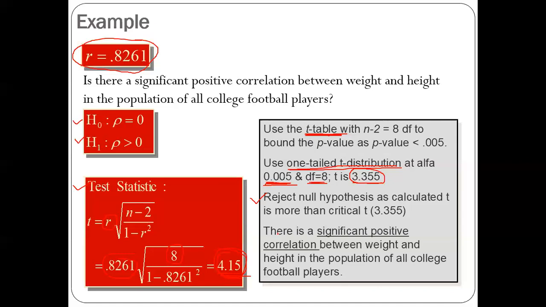It is important for you to conclude a significant positive correlation. You must state the significant positive correlation, because the question wants you to test the correlation test statistic in terms of positive correlation. If you refer back to the question, it asks whether there is a significant positive correlation between weight and height.